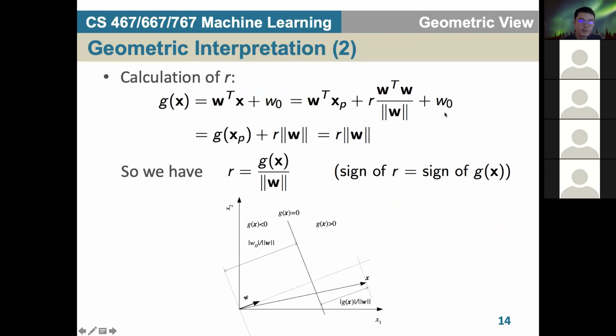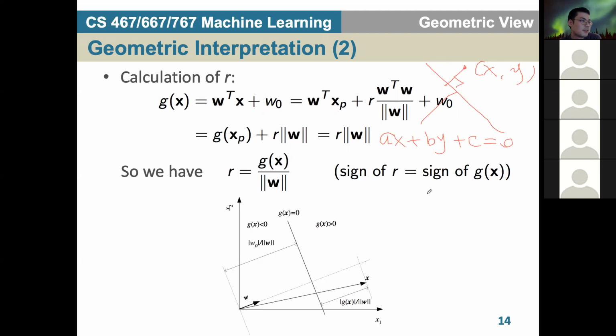I'm sure that at least many of you know this. If you have a two-dimensional point (x, y), and this line is ax plus by plus c equal to 0, what's the distance from the point to the line?